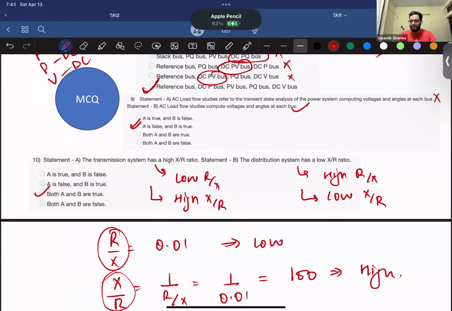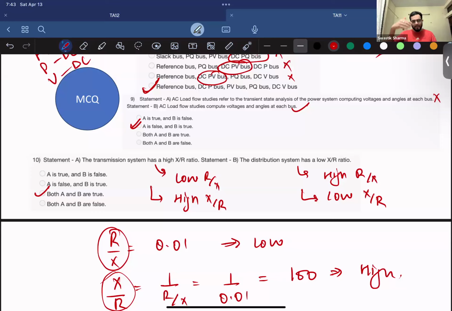Okay, that can be very easily answered. It's dependent on certain facts. If you are conversant with how transmission system wires are and how distribution system wires are. In transmission, the wires are equally spaced, so you can control their spacing, and the power that they transmit is at a very high value.